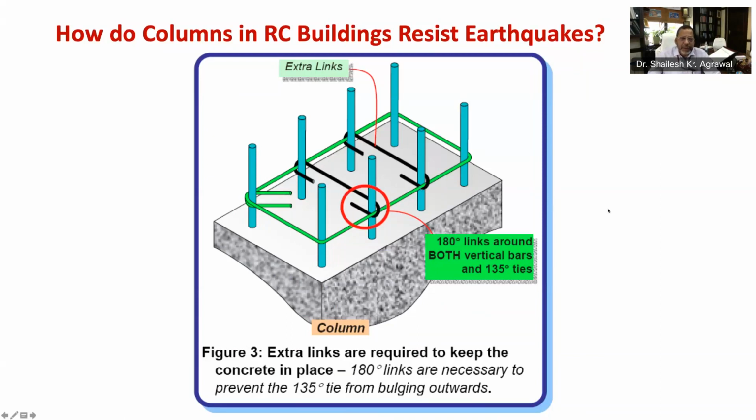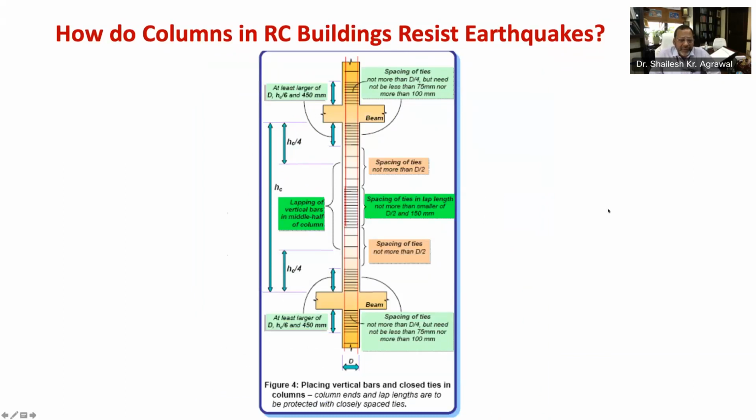Now let's look back at the earlier figure again to understand lapping of vertical bars. As you all know, in the construction of RCC buildings, due to limitation in available length of bars and due to constraints in construction, there are numerous occasions when column bars have to be joined.